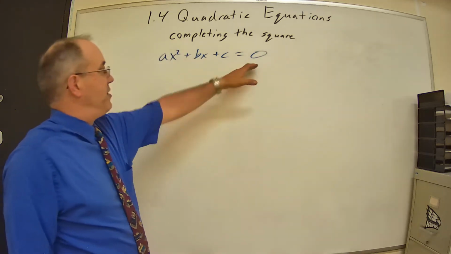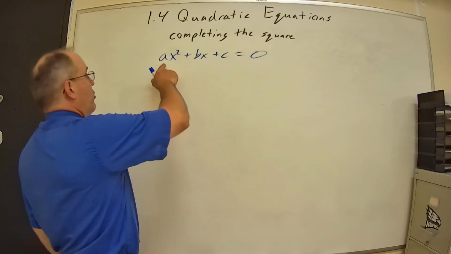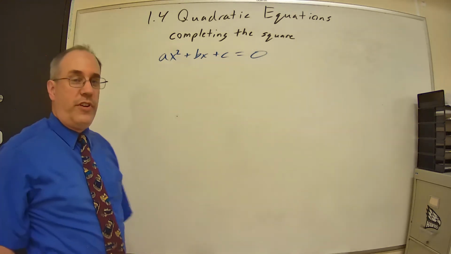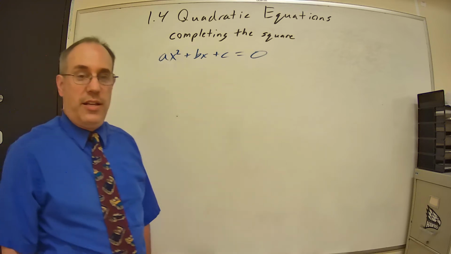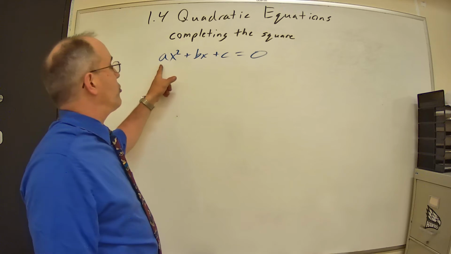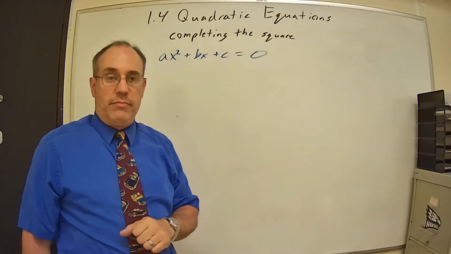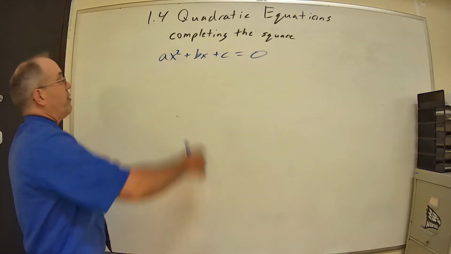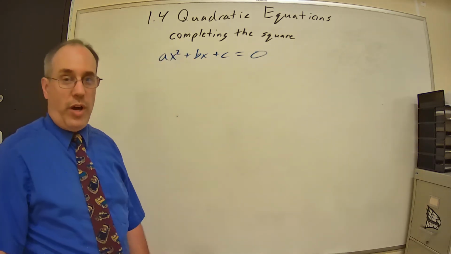So yes, we always start out with equal to 0, right? We look at this leading coefficient. If a is equal to 1, then we can go forward. If a is not equal to 1, then we divide everything by a. So a key part of completing the square is the leading coefficient must be equal to 1.